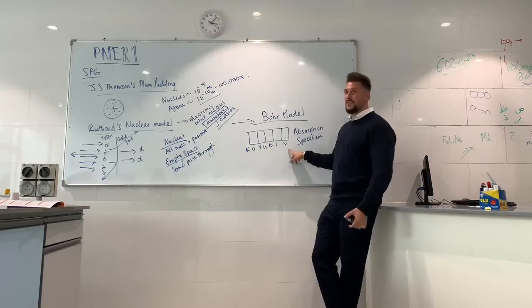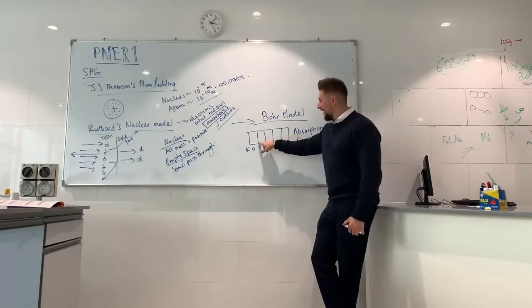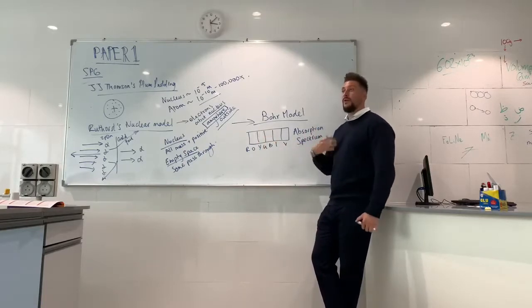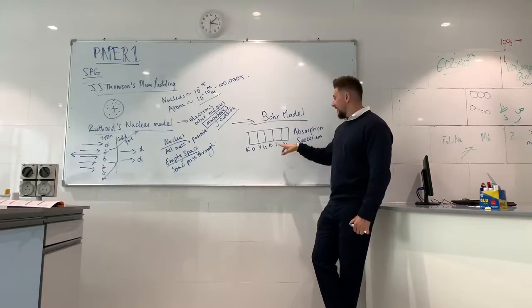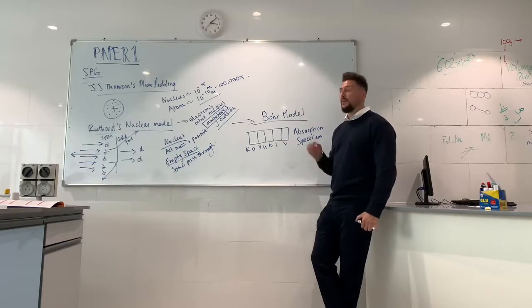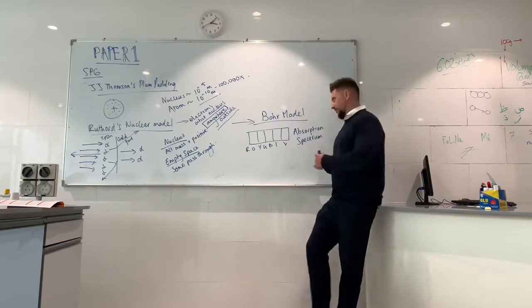Violet has the highest energy, shortest wavelength. If there is a black line here, then that specific energy has been absorbed by one of the electrons. This energy here is quite high, it's the highest one on this spectrum. That also was absorbed by the electrons. Very specific energies have been absorbed by the electrons.